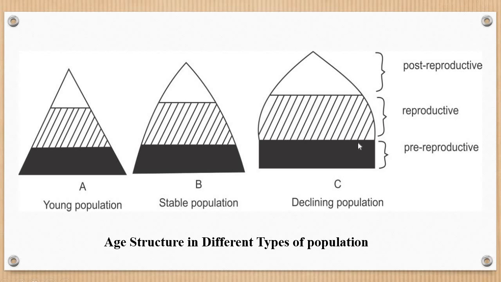So here, this population is declining, where a large number of old age, that is post-reproductive, individuals are there, right? Okay, now let's move ahead and see what is there in our next slide.